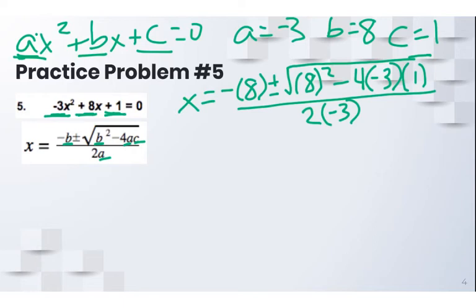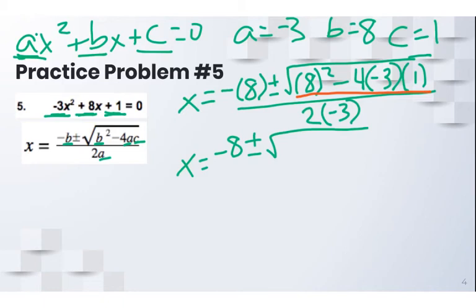All right, so same thing. X equals negative 8 plus or minus, and I'm going to do my square root, but I'm going to put all of this, 8 squared minus 4 times negative 3 times 1, in my calculator. So just give me a minute to do that.